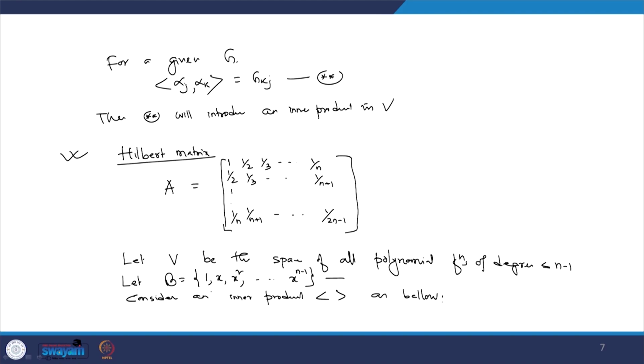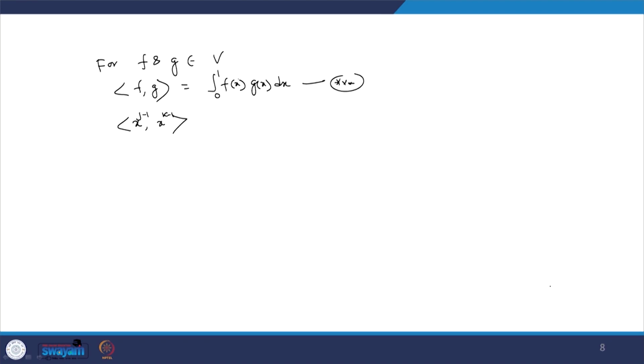Actually, I can give names: f1, f2, up to fn, so fi equal to x to the power i minus 1. Based on that I can write like this, the inner product of fj and fk. This is equal to the integral from 0 to 1 of x to the power j minus 1 times x to the power k minus 1 dx.